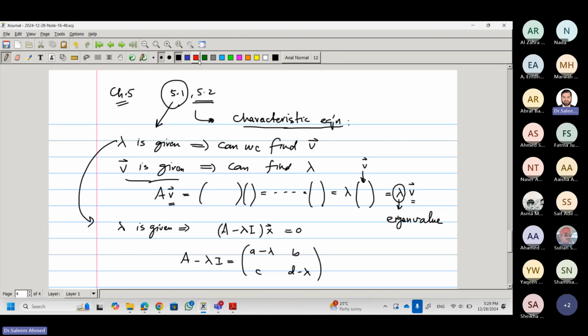We only subtract lambda from the diagonal. B and C don't change. And you try to make it 1001 form, right? But because its determinant is 0, it will never give you 1001.